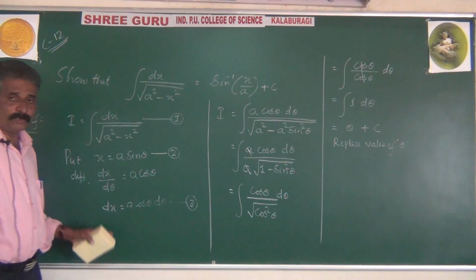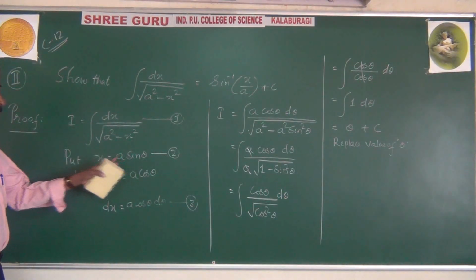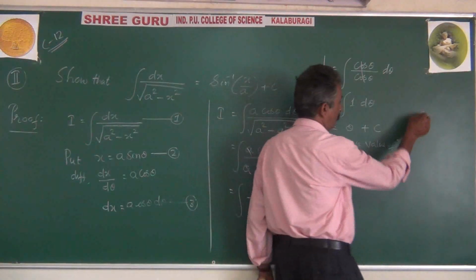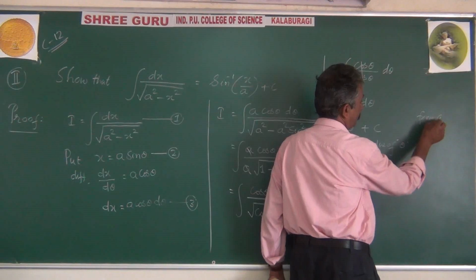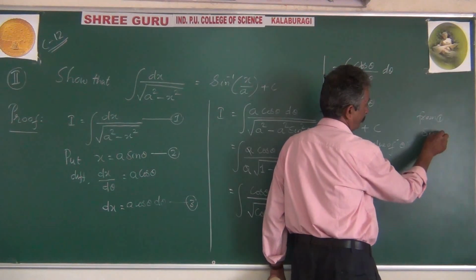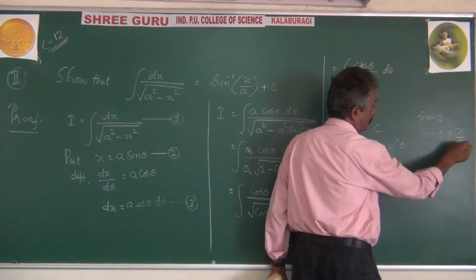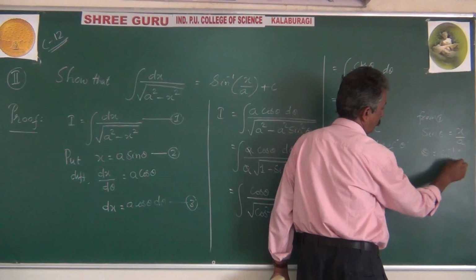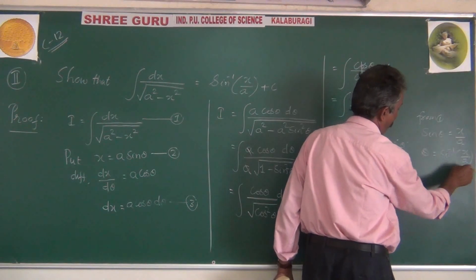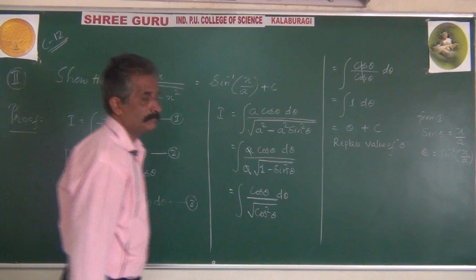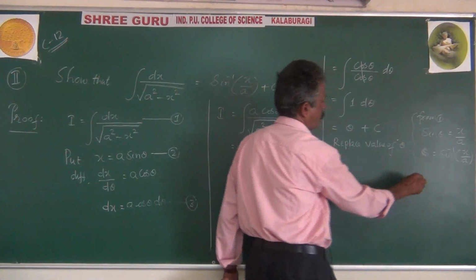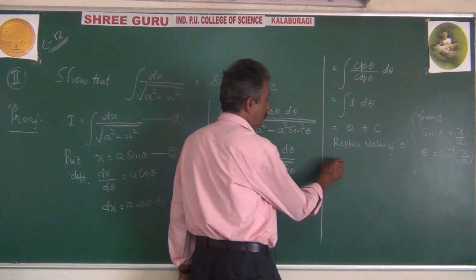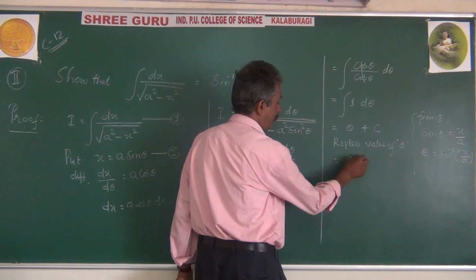From 1, what we get is that sin theta equal to x by a, which implies theta equal to sin inverse of x by a. Let's replace the value of theta. It becomes sin inverse of x by a plus c.